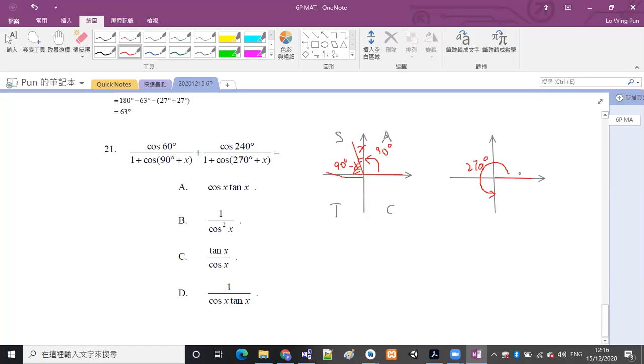And then plus x, so a little bit more. Okay, so this is x. So the final angle will be 270 degrees plus x. Okay, so the line will be stopping at this box. So according to the ASTC, this is C box.